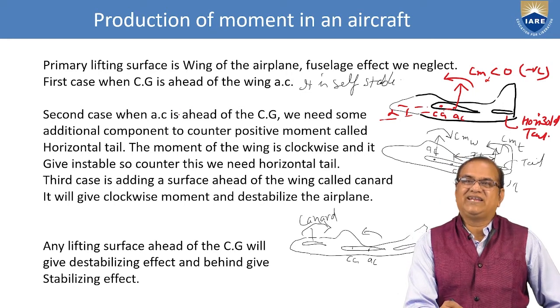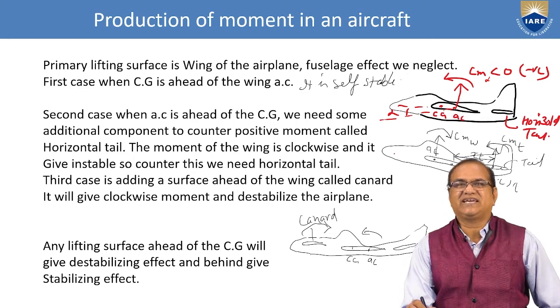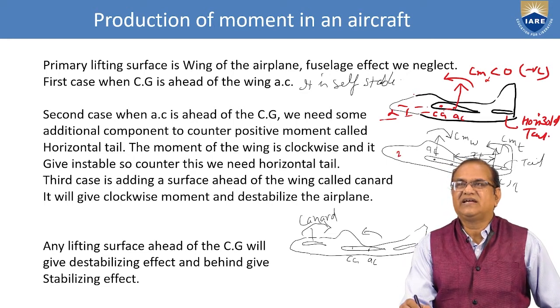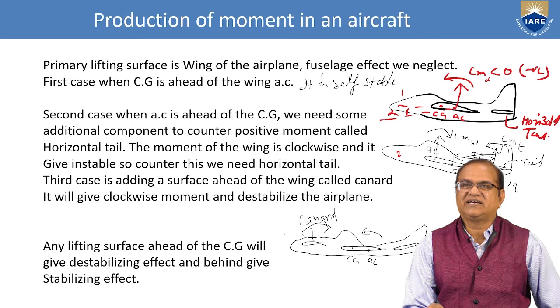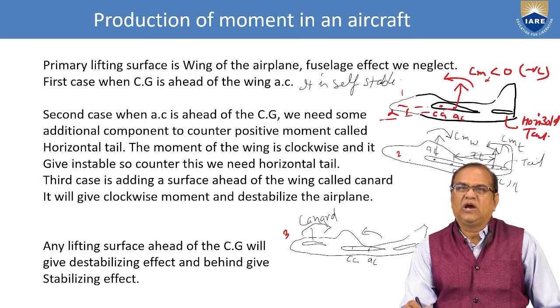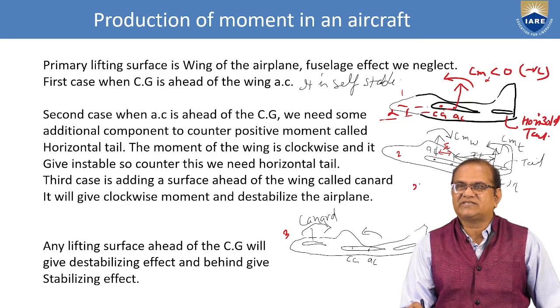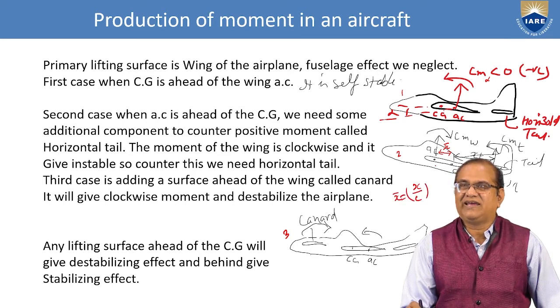Second case, when the AC is ahead of the CG. You can see here this is the second case, this is the first, and here is the third case. In the second case, when the aerodynamic center is ahead, this distance you can write as x bar. Always we write with respect to chord: x bar means x by c, where x is this distance divided by the chord length.